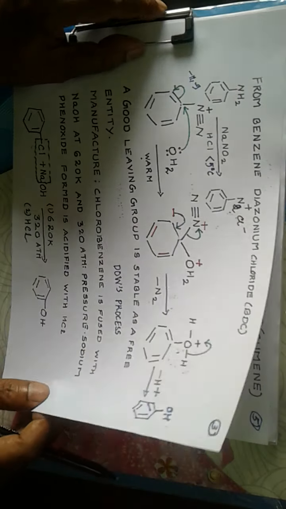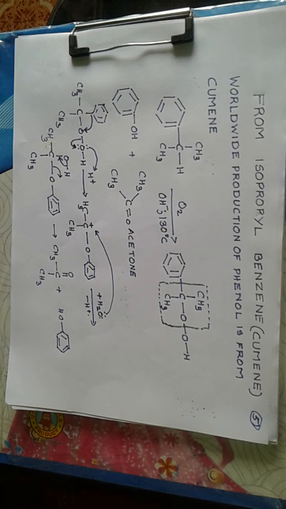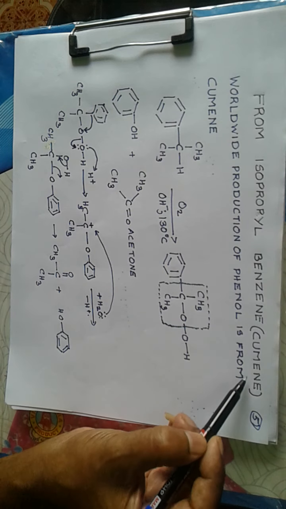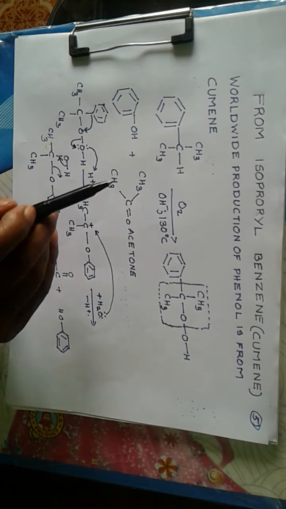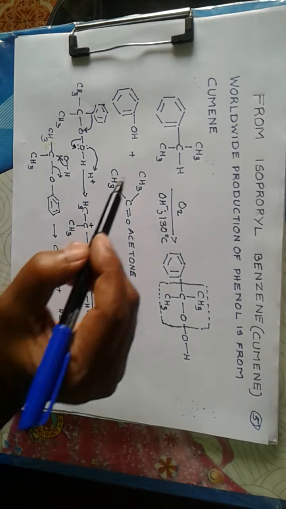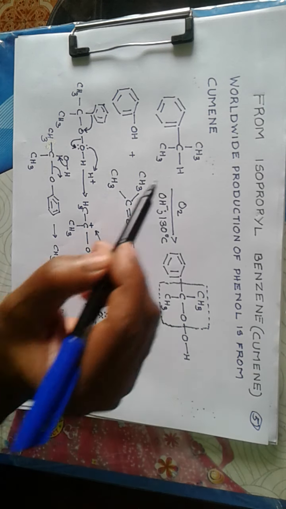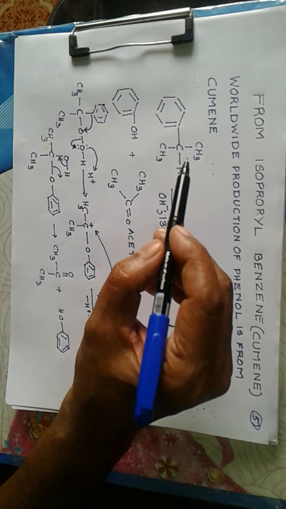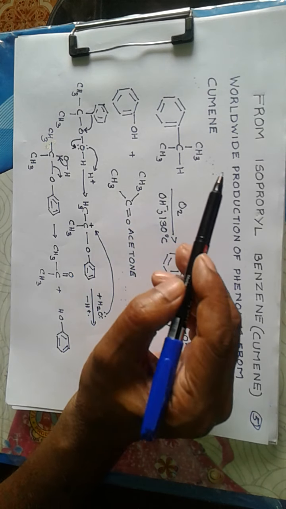And then another important method of manufacture, which is widely used worldwide for production of phenol, is from a compound called cumene. Cumene is isopropyl benzene, and there is a CH bond in the isopropyl group of cumene.